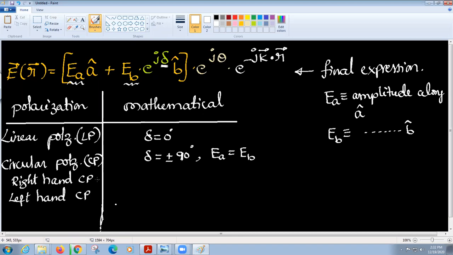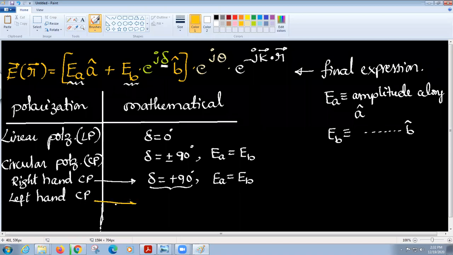For RHCP, delta is equal to positive 90 degrees, and for this to exhibit circular polarization, not only do we require this, we also require the amplitudes to be equal. And for left hand circular polarization, delta must be minus 90 degrees, and again EA is equal to EB.